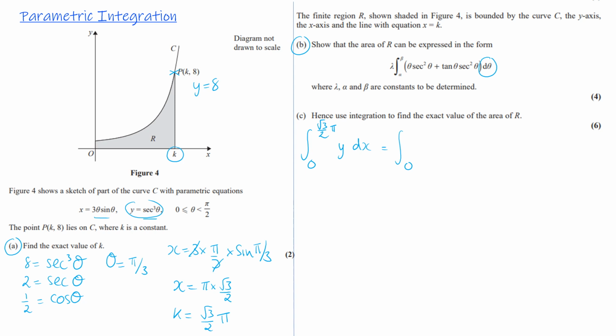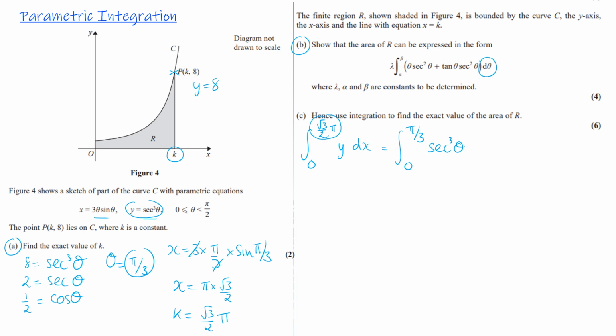Now what was theta when x was the root 3 over 2 pi? Theta was our pi by 3. So it's pi by 3 of y being given parametrically, which is sec cubed theta, times dx by d theta.